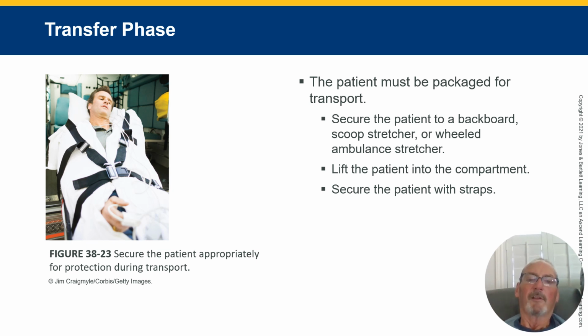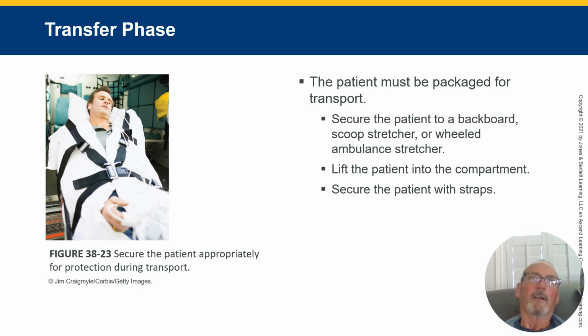Lift the patient into the compartment. If you do have two patients, always do this: put the least injured patient on the bench seat. But make it easy on yourself. Put them on the stretcher first, load the stretcher in the ambulance. Once it's in there and locked in, move them from the stretcher to the bench, and then bring the stretcher back out and get your other patient put in.